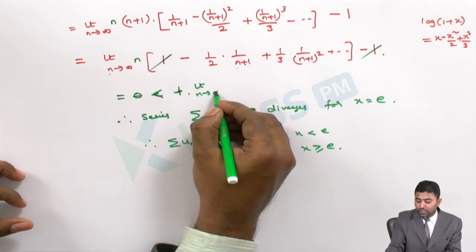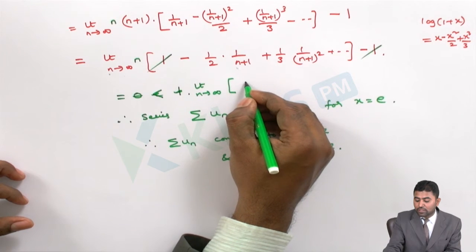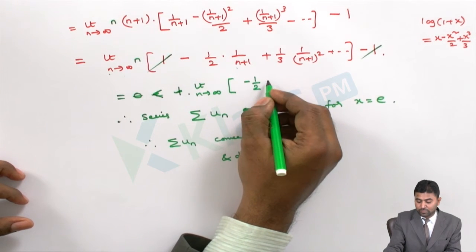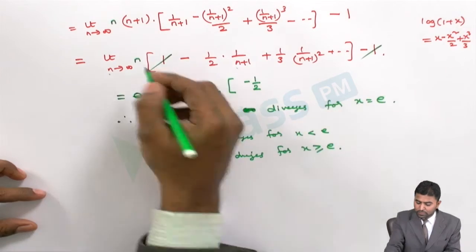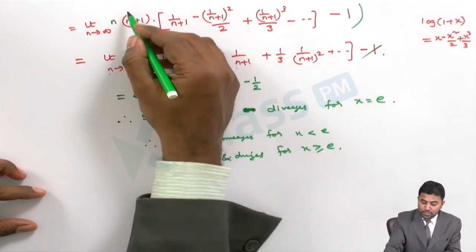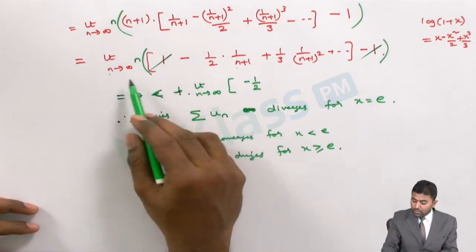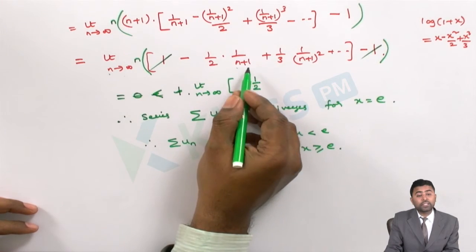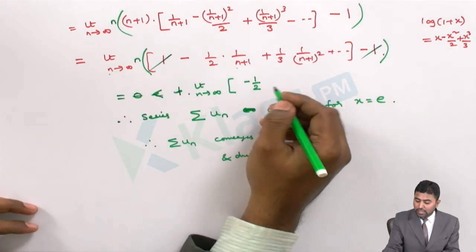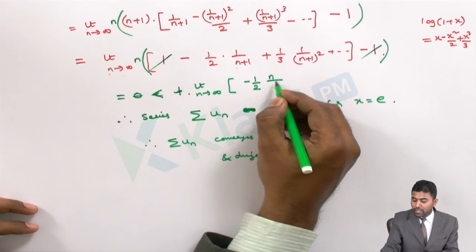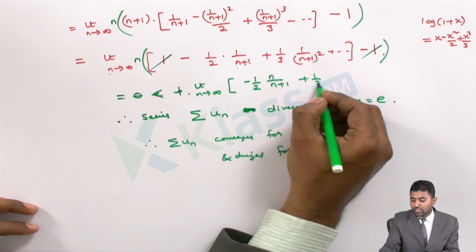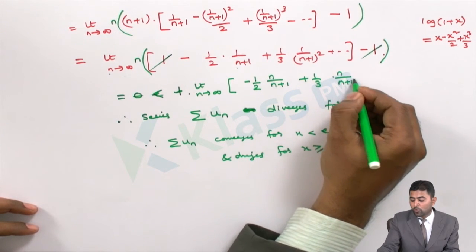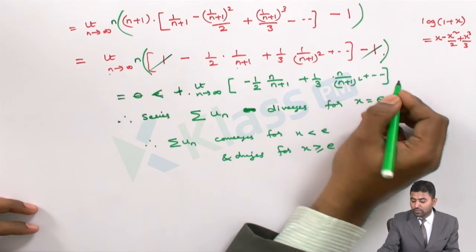Limit n tends to infinity, I'll have the answer as minus half, like this I'll have n. So sending this n inside, then I'll have the answer as n by n plus 1 plus 1 by 3 into n by n plus 1 whole square plus and so on, like this.